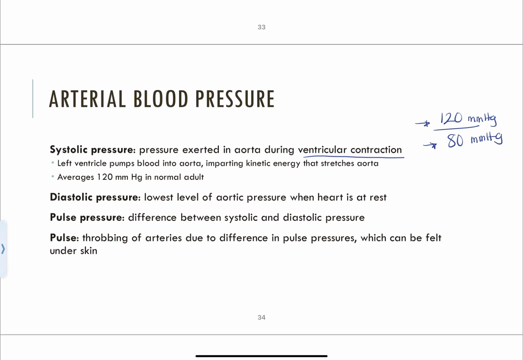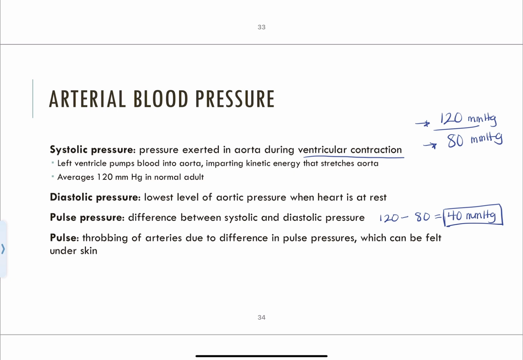So we also have something called the pulse pressure, and this is the difference between the systolic and diastolic pressure. So if we wanted to take our average 120 over 80 blood pressure and determine the pulse pressure, we would just take 120, which is the systolic, and subtract the diastolic pressure, which is 80, and we would be left with 40 millimeters of mercury as our pulse pressure.